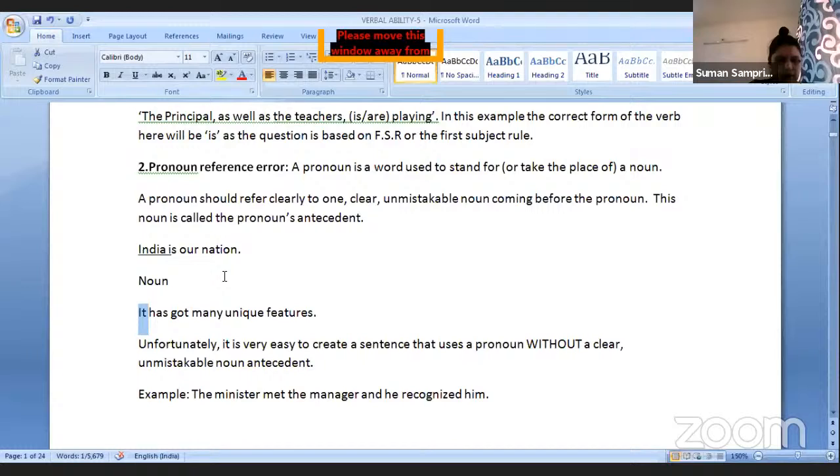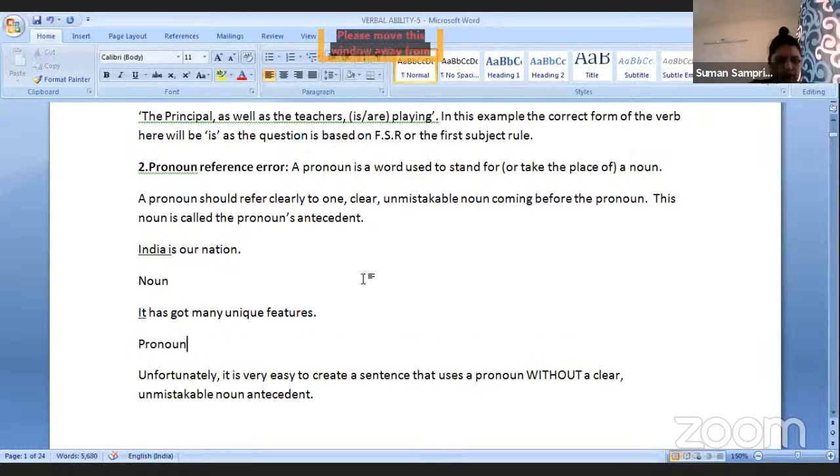And here you will notice one thing, that India is the antecedent of it. Okay. So this is what we mean here. When you say antecedent, that means the word for which you have used the pronoun.